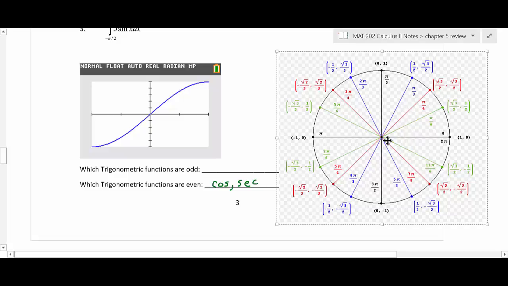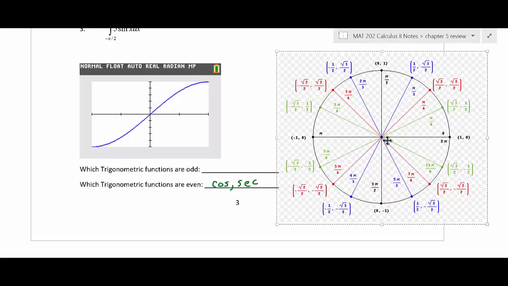If you look at this unit circle, it would clearly tell you why those are even functions. Remember the cosine is the x value. So if you're doing the cosine of pi over 6, that's square root 3 over 2. Notice what happens if x is opposite: the y value turns out to be the same. So on a cosine, if you have an opposite x, you end up having the same y value.